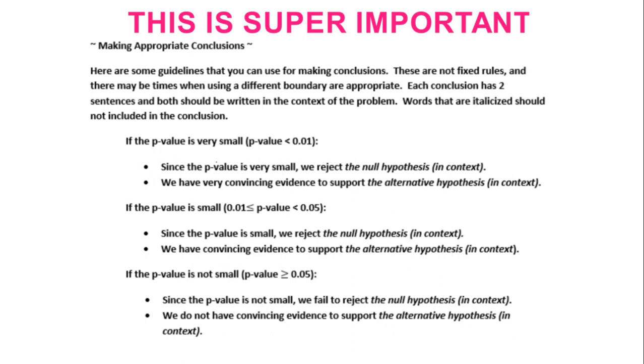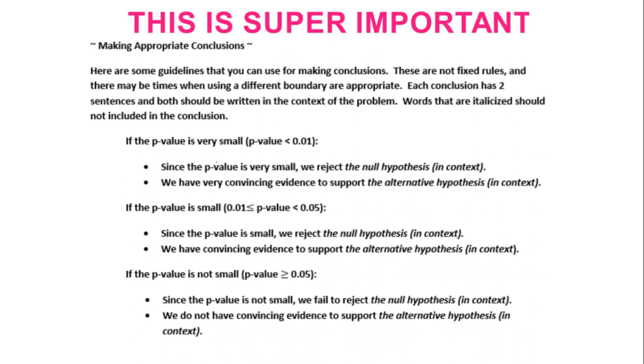You never, ever say accept. If the p-value is very small, which is less than 0.01, which would be like 1 out of 100 or 0, you reject the null hypothesis. We have very convincing evidence to support the alternative hypothesis.